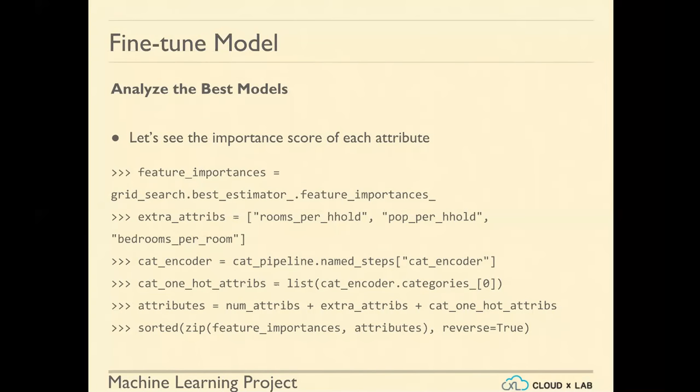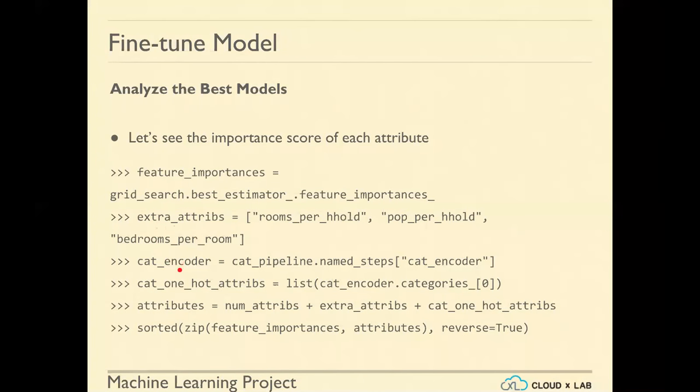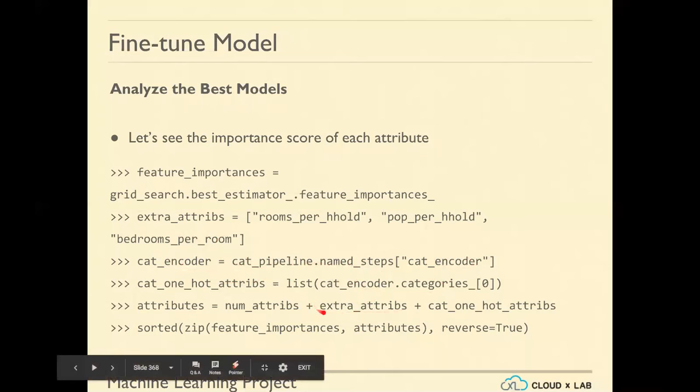What we are doing here is getting all the attributes from our pipeline, extracting the names of all the attributes, and then combining that with the extra attributes and one-hot attributes. That's what we had passed in the final one. Since the NumPy array did not have the names of the columns, we are assembling the names of the columns again from the beginning. Once we are done with that, we'll zip it. What does zip do?